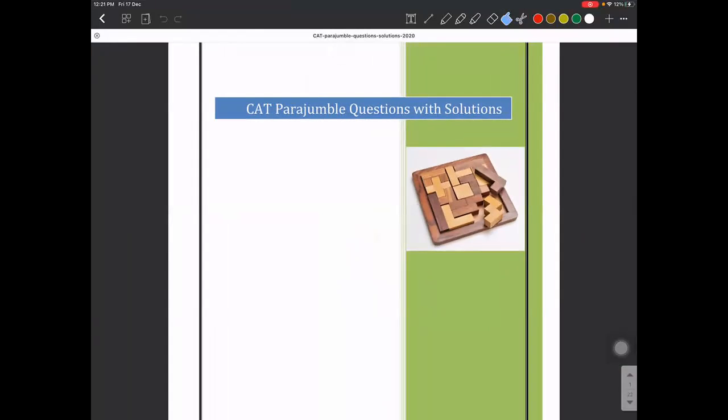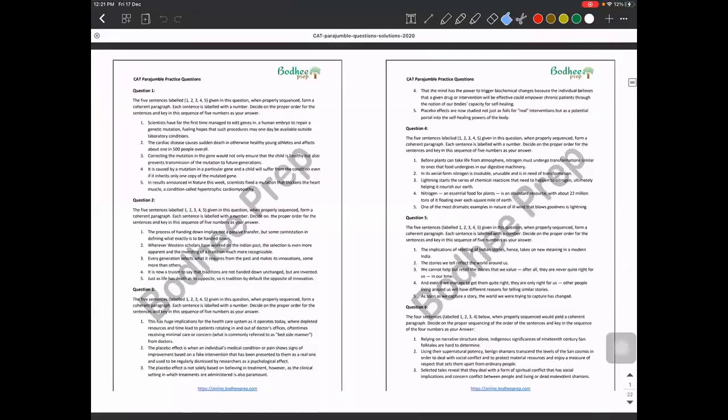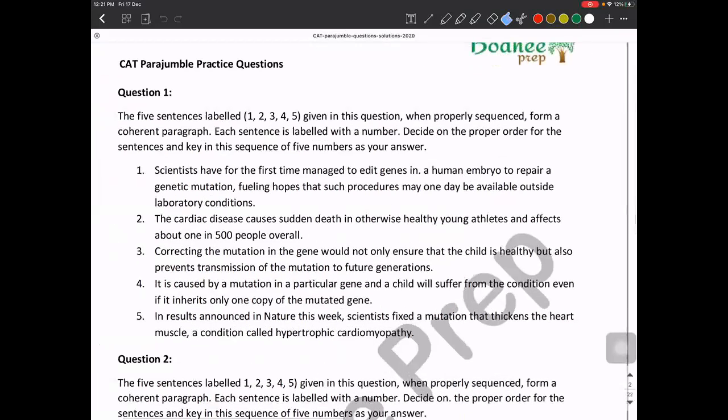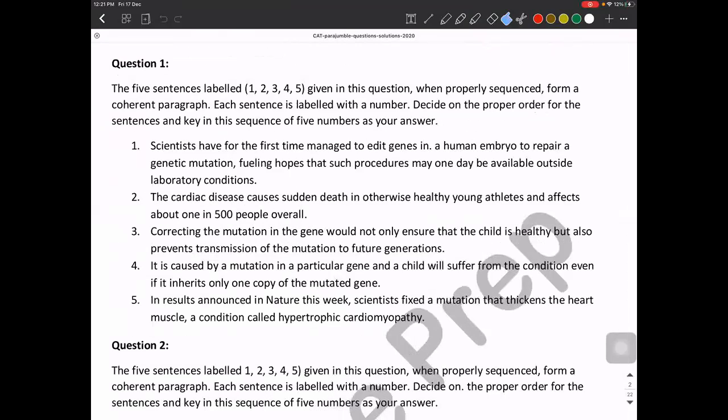So first of all, what are parajumble questions? See, parajumble questions look like this, where you will get one question, we'll solve this question, and then you will get an idea of what kind of questions you will get in your final examination. All right. So in this, there will be 5 options given to you.